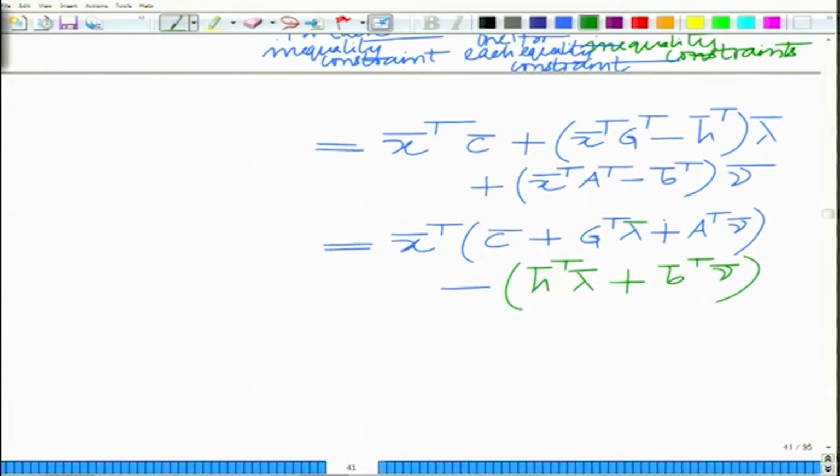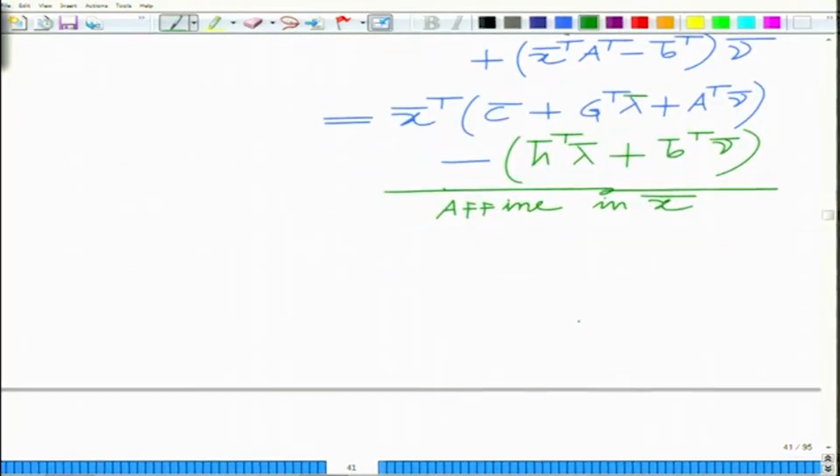And now you will observe something interesting. What you will observe is that this is a linear function of x, or in fact affine in x bar. Which means now we have our Lagrangian.